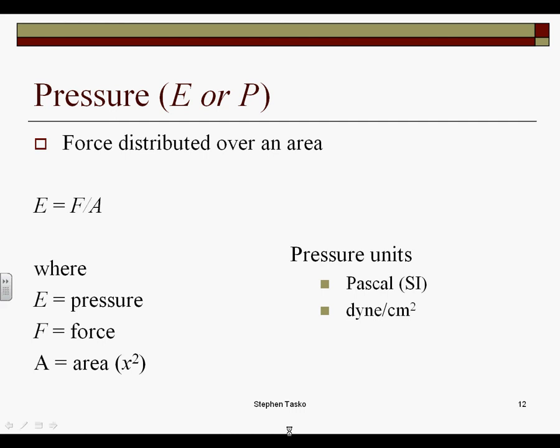Sometimes we will use units such as centimeters of water, and that really defines the amount of water that is displaced by a given pressure. Barometric pressure is measured in millimeters of mercury. How many millimeters of mercury are displaced by a given air pressure. So there are a variety of different ways of measuring pressure.